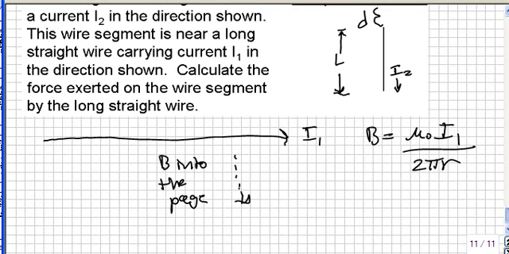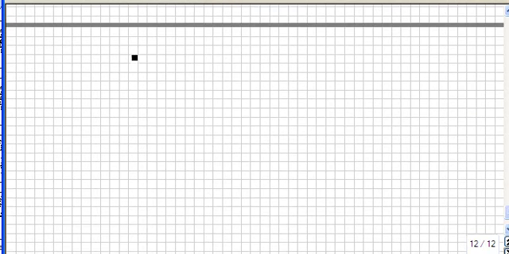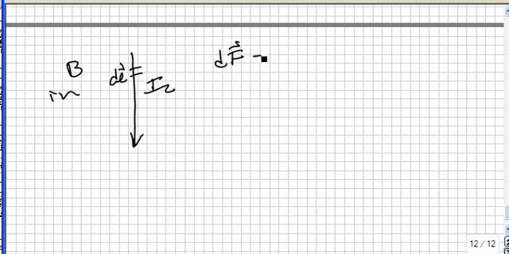So now let's figure out what the total force that's exerted on the wire segment is with this information. So now I'm going to draw I2 going down like this. I know the B is into the page. And what I want to do is figure out the force on a little segment dl. Well, I know that the force on a wire segment is equal to the current times dl crossed with the B field.